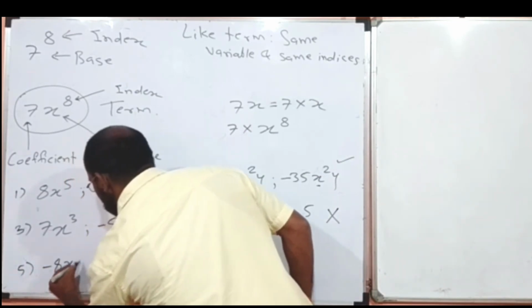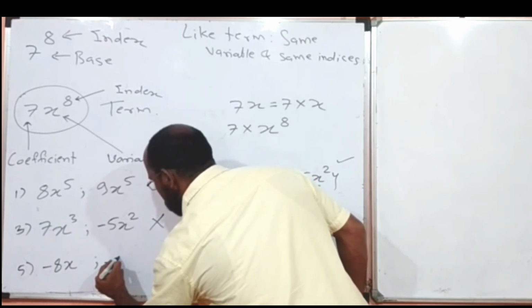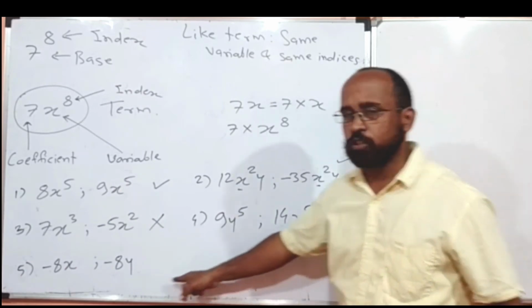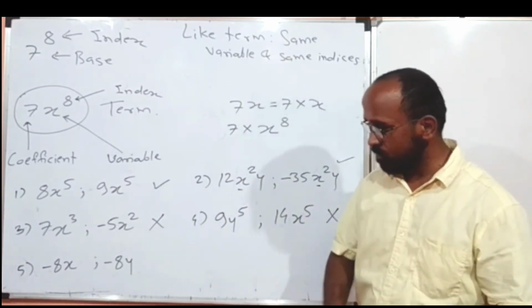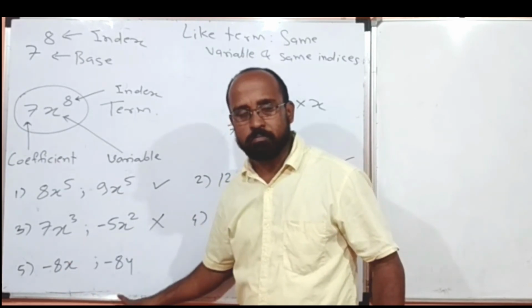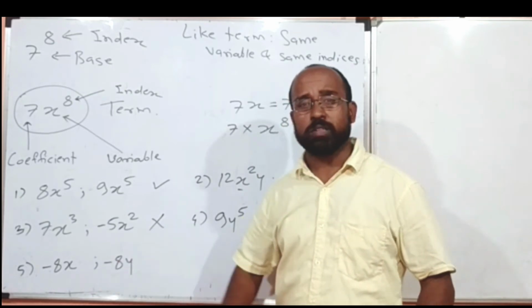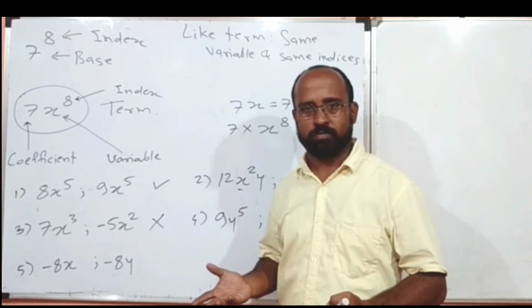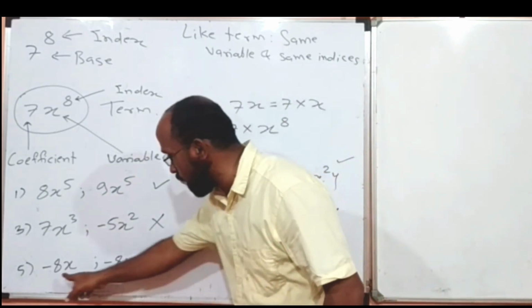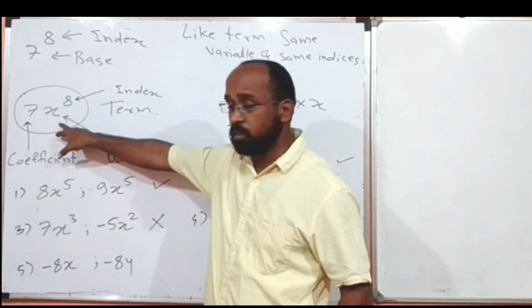Minus 8x and minus 8y. In these two terms, are the variables x and y same? Variables are not same. So directly we can say these two terms are not like terms. Few students may get confused. They will say, sir, here minus 8 is same. But what is this minus 8 according to this definition?